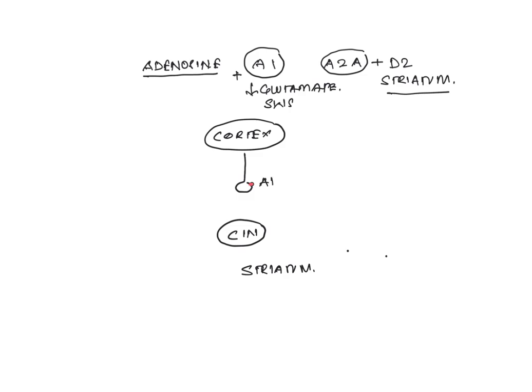Let me draw this in red. And then in the striatum, we also have the cholinergic interneuron, or CIN, which is responsible for the release of acetylcholine. This cholinergic interneuron is like a pacemaker in the striatum that controls the release of dopamine into the striatum, right? And as we all know, dopamine usually helps to color things in life.